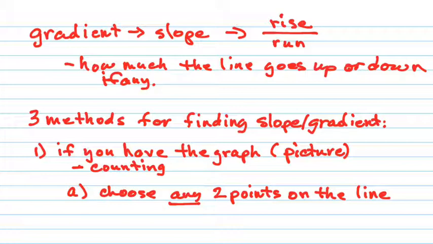When you're choosing those two points on the line, remember our graph had all those little extra lines so we could count 1, 2, 3, 4, 5 over, and 4 up. Make sure that you only pick points that are intersecting those two little lines. I'll show you plenty of examples. So make sure that they are at intersections.